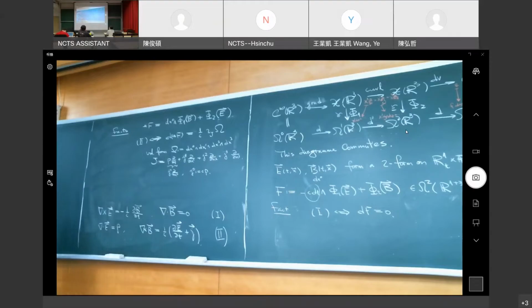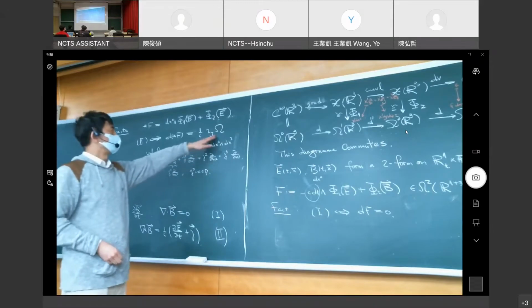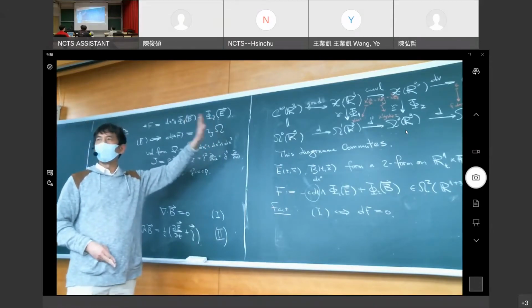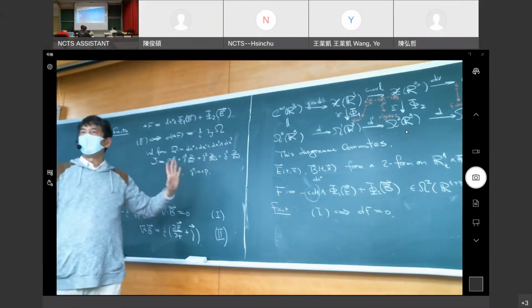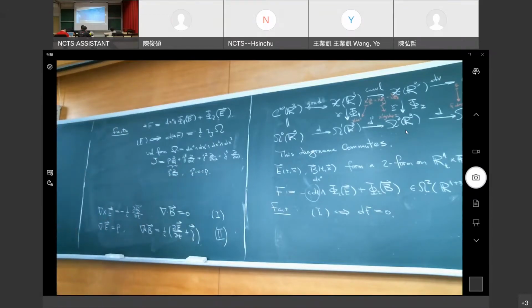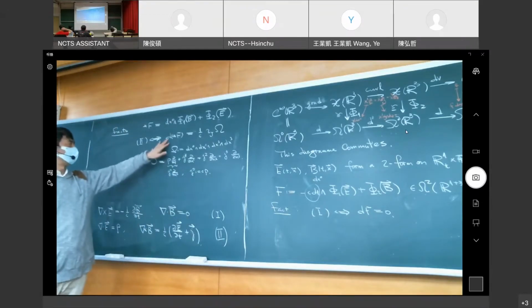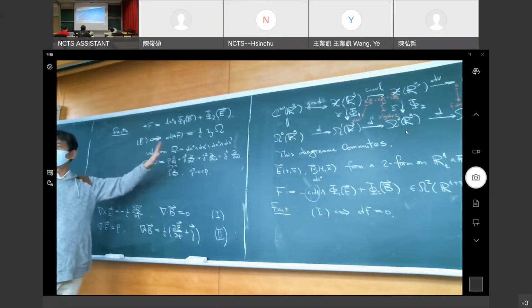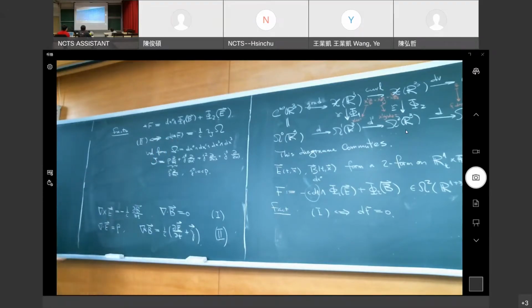So this is the statement: the right-hand side is a contraction of a 4-form with a vector field, so it's a 3-form, whereas the left-hand side is a D of a 2-form. That's also a 3-form. And you can check by explicit calculation that they are indeed equivalent.